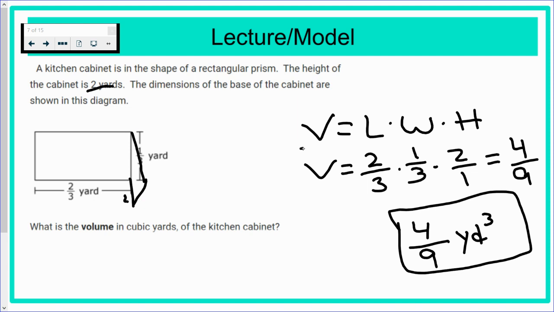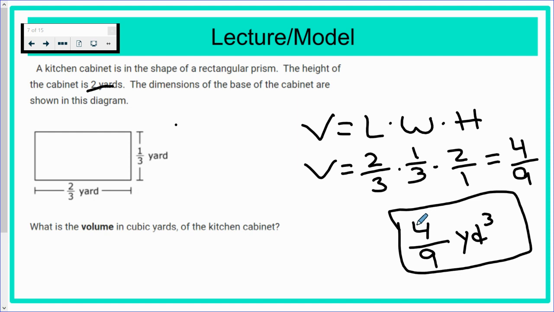Our volume is length times width times height, because that is the formula. It is on your formula sheet. We know that our length and width are 2/3 and 1/3, and then our height is 2. 2/3 times 1/3 times 2. 2 times 1 is 2, times another 2 is 4. 3 times 3 is 9, times another 1 is 9.